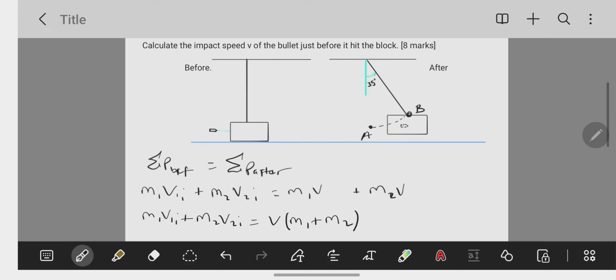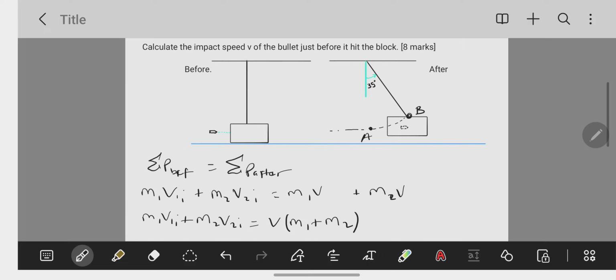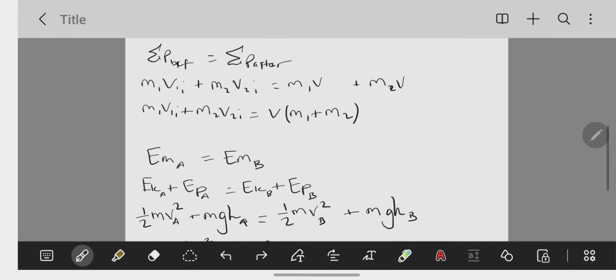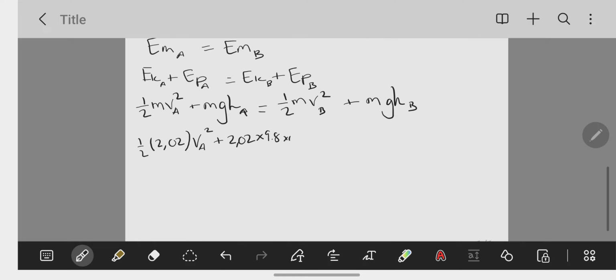Now, what is the initial height? So we're taking this frame of reference as our 0 frame of reference. So our initial height is 0, equals to 1 over 2 times the mass, which is 2,02.